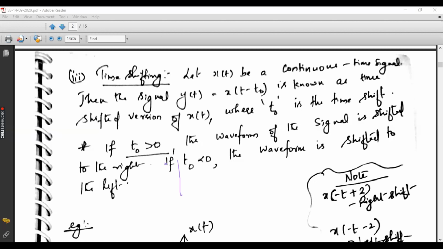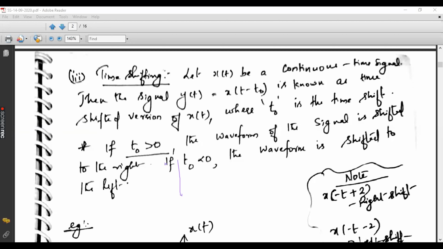Time shifting means we are going to shift the signal from one value to another. You're not going to change the shape of the waveform or the amplitude of the signal. The same signal we are just going to shift along the x-axis, either to the left or to the right, depending upon the shifted value.